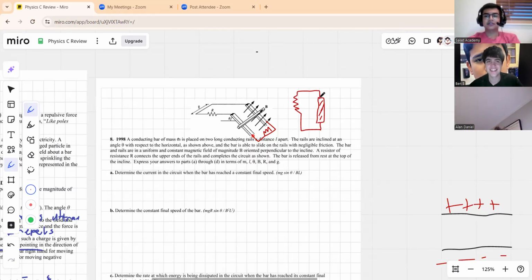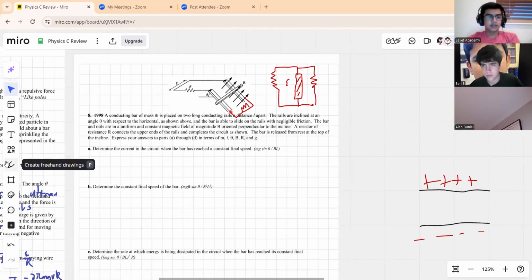And then we also have our other resistor. And you can just take this as the battery. I've been enlightened.